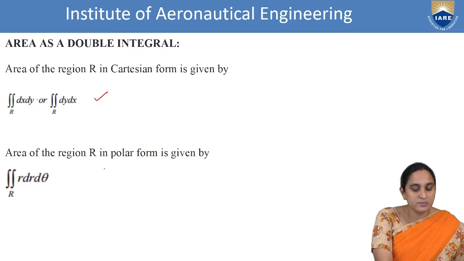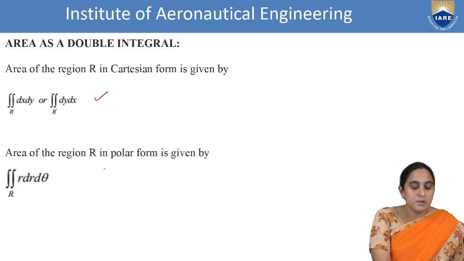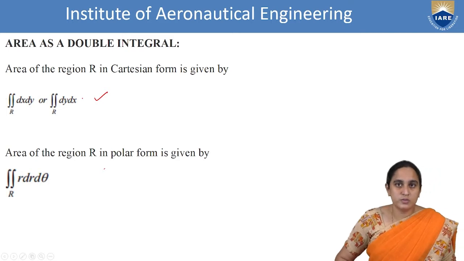For the Cartesian form, the double integral of dx dy means first integrate with respect to x, then with respect to y. Or the double integral of dy dx means integrate first with respect to y and then with respect to x.